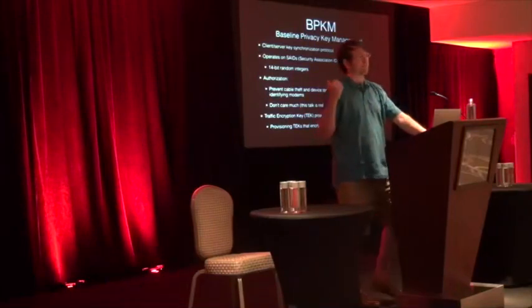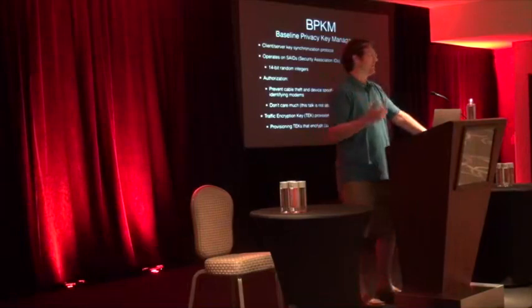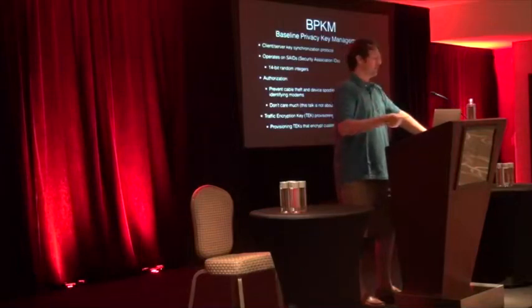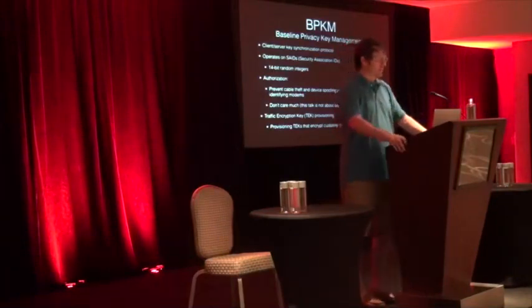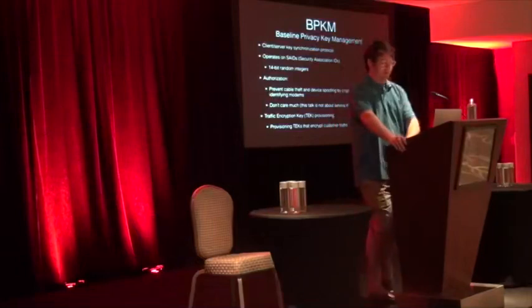We don't really care about this part of it too much because, as I said, this talk isn't about service theft. It's about hacking your neighbors. So we don't care about this too much, except in the way that it protects the next part of BPKM, which is traffic encryption key provisioning, or TEK provisioning. The TEKs are what actually protect that customer traffic that we want to get access to.